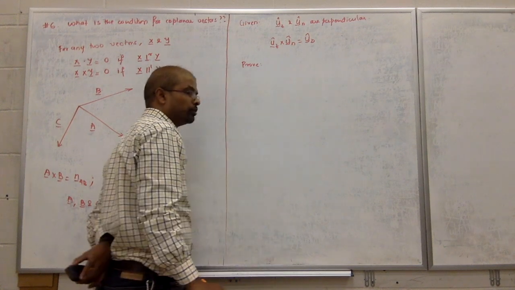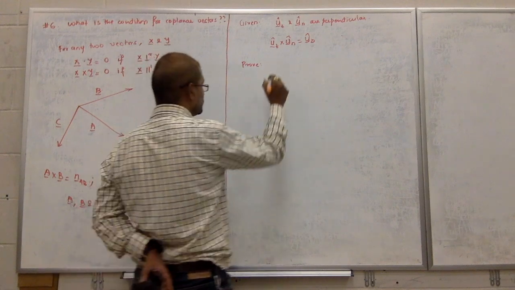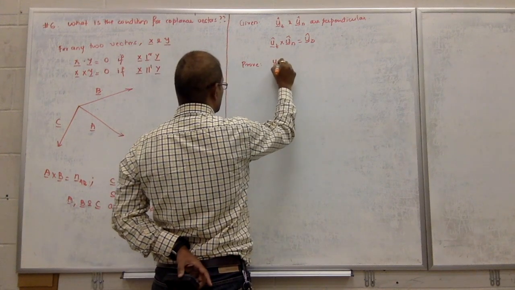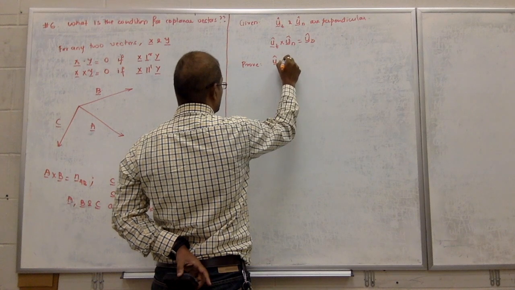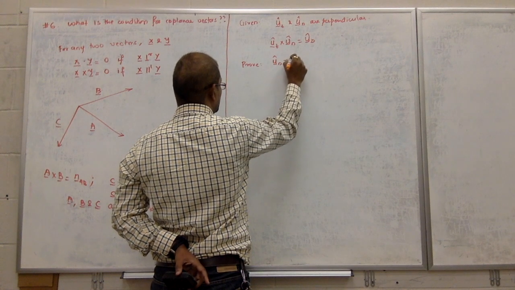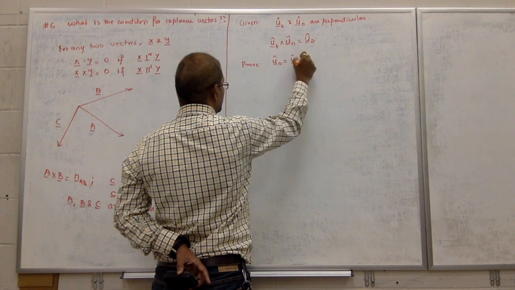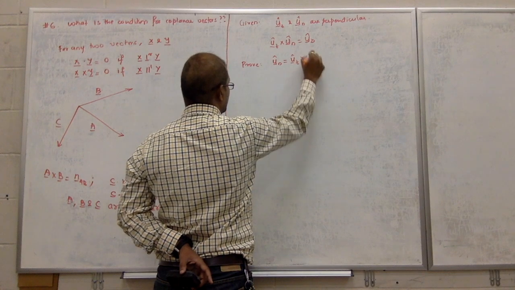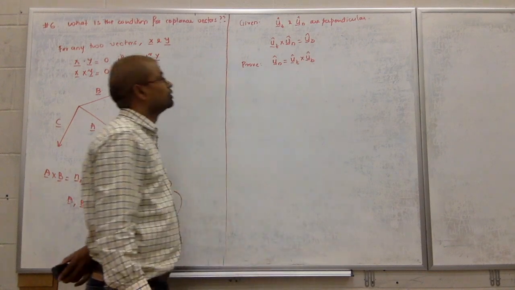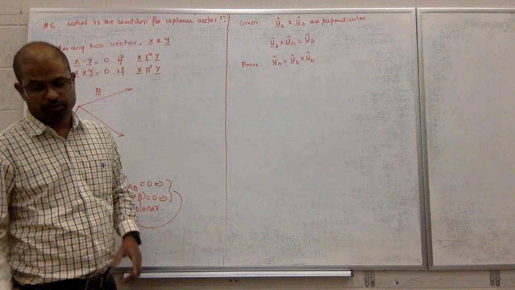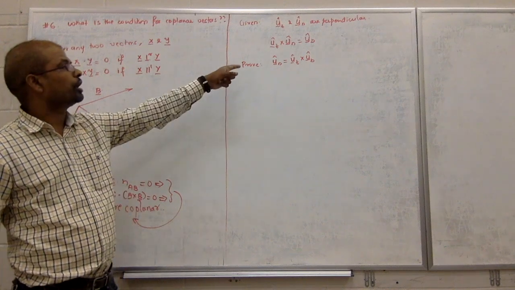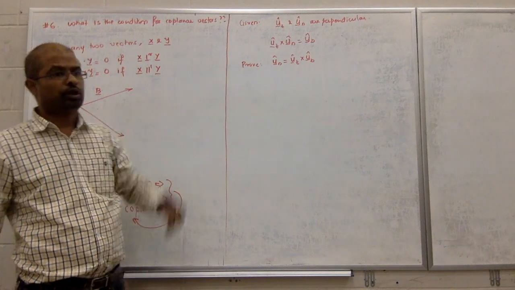There are two. You've got to show that U subscript N equals U subscript T cross U subscript B. This is the first one, right? Yes, sir. And the second one is... Yeah, hang on. So I'll do this. You can use this to do part 2.